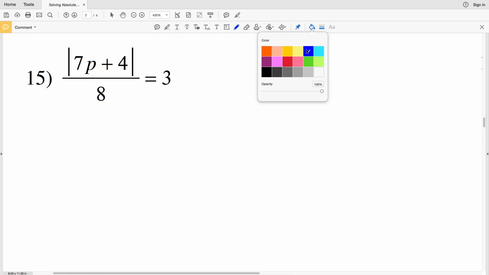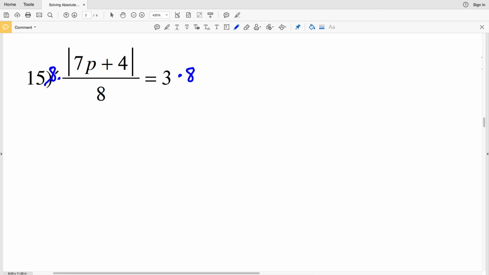Remember, we're trying to isolate that absolute value, so we're going to start by multiplying both sides by 8. And doing this, 8 divided by 8 will be 1, so we'll have the absolute value of 7p plus 4 equal to 3 times 8, which is 24.